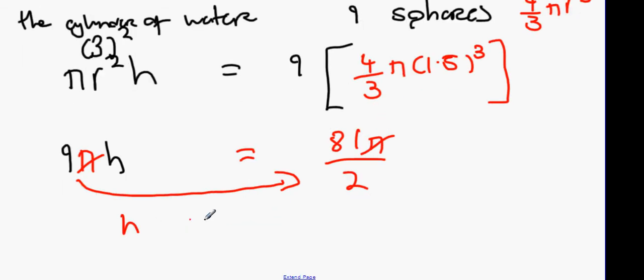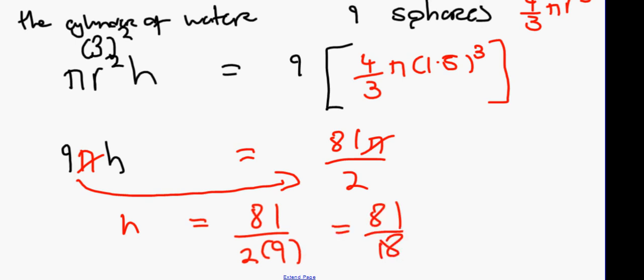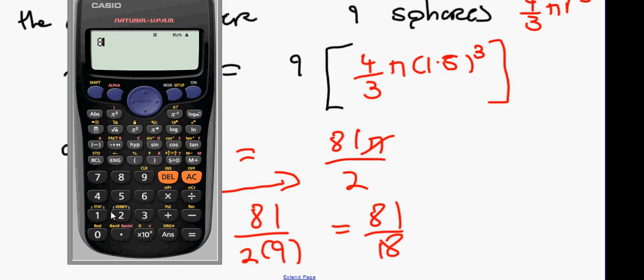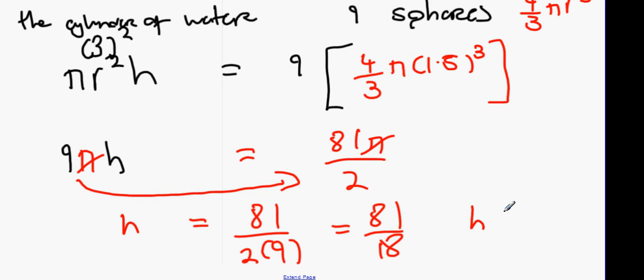Underneath. We're going to get h equals 81 divided by 2 multiplied by 9, or same thing as 81 divided by 18. What is 81 divided by 18? 9 over 2. h equals 4.5 centimeters. 9 over 2 is the same thing as 4.5. Is that alright? Happy enough with that? Okay.